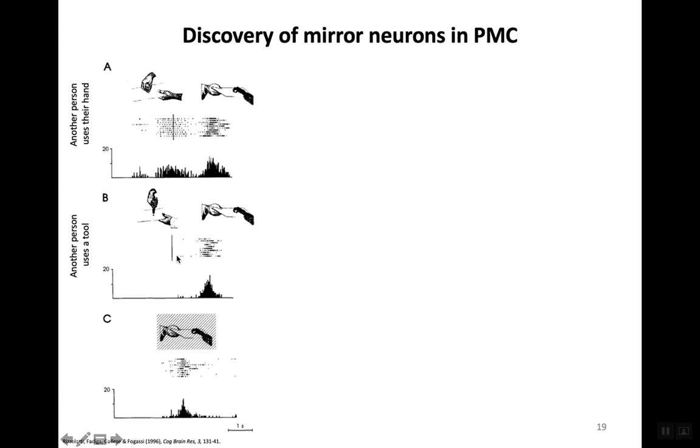However, if the human experimenter uses a tool to drop off the raisin on the tray, then no increase in the firing rate is observed in that neuron.